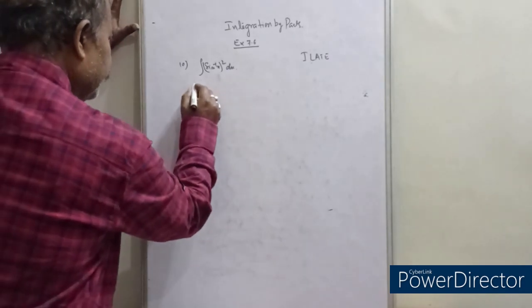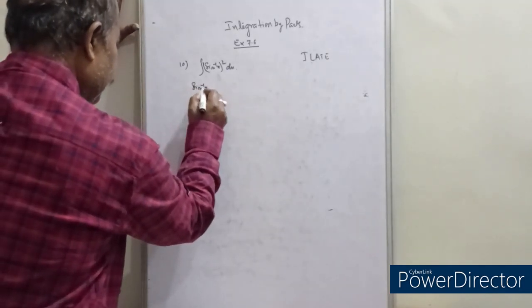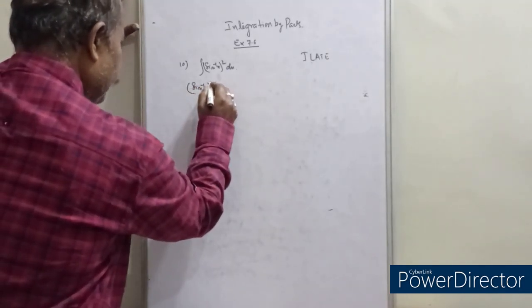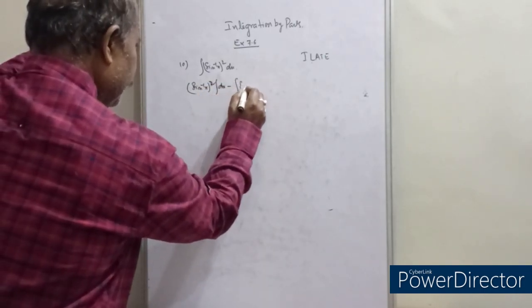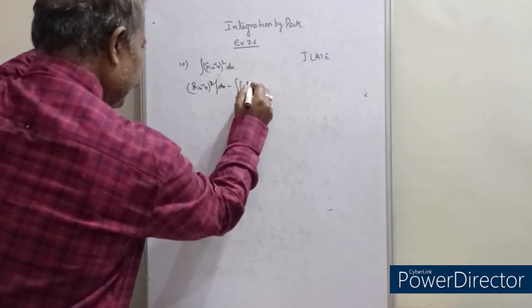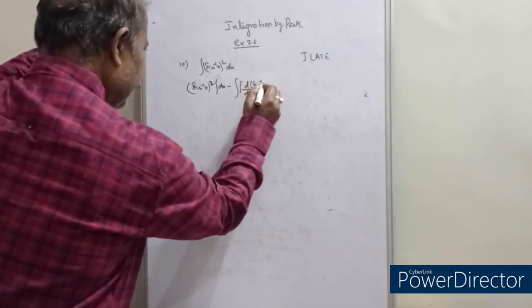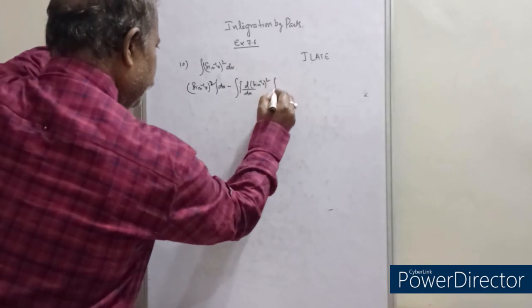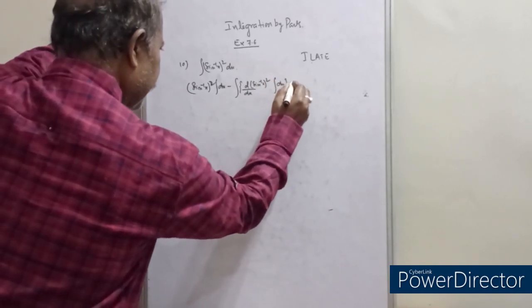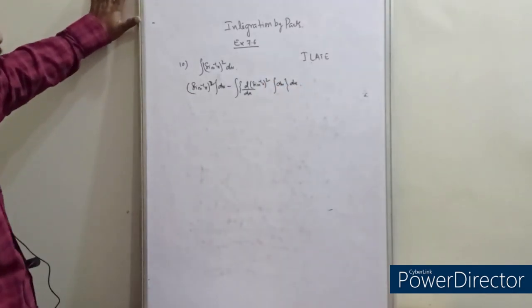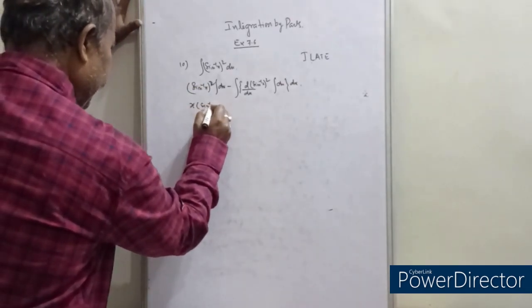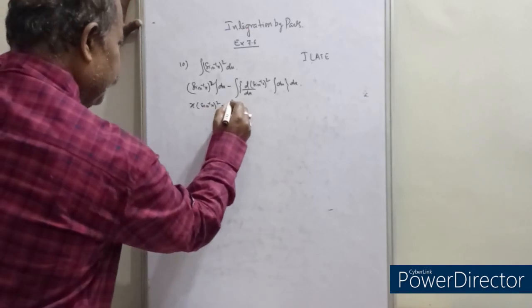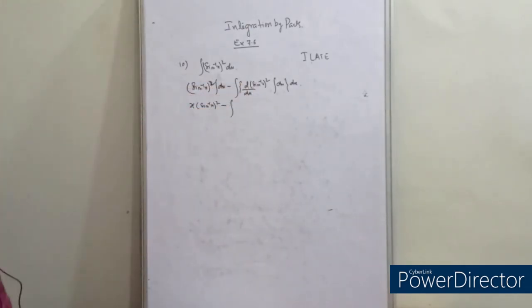That means the first function is sine inverse x the whole square, integration of dx, minus integration of the differentiation of sine inverse x the whole square times integration of dx. So now this will be x sine inverse x the whole square minus, here again there will be the chain rule.